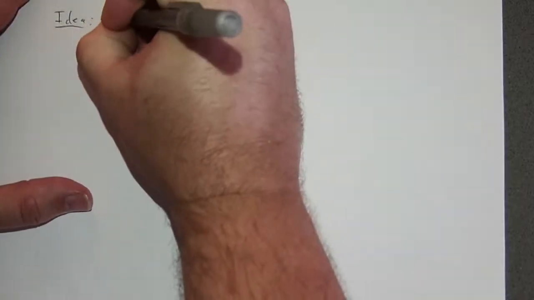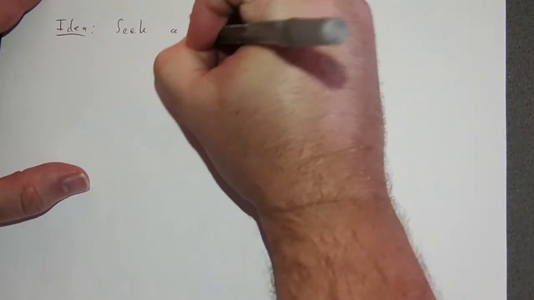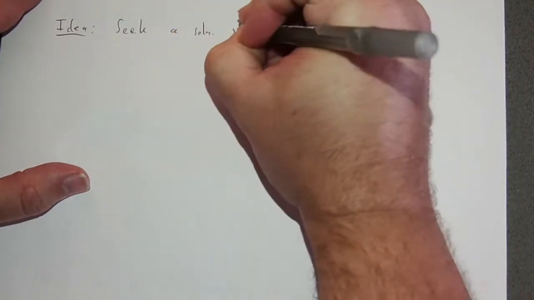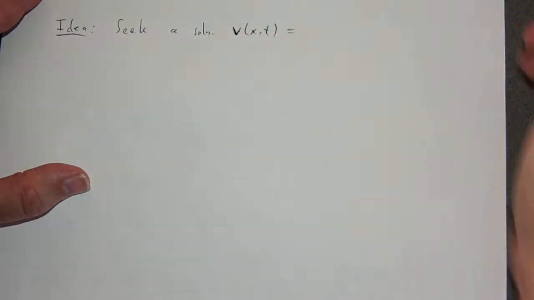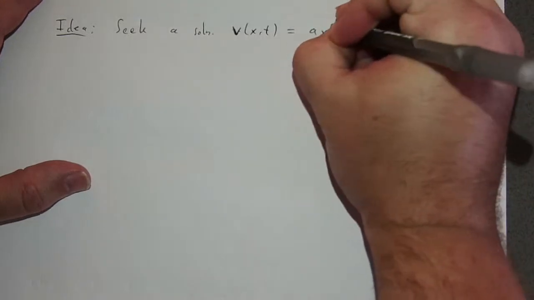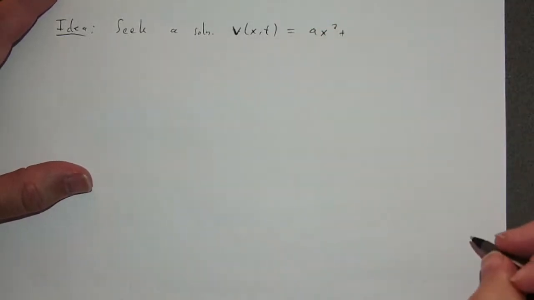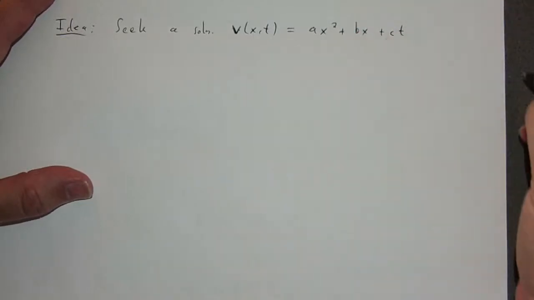And so the idea is to seek a particular solution, v of x,t, of the form ax squared plus bx plus ct.